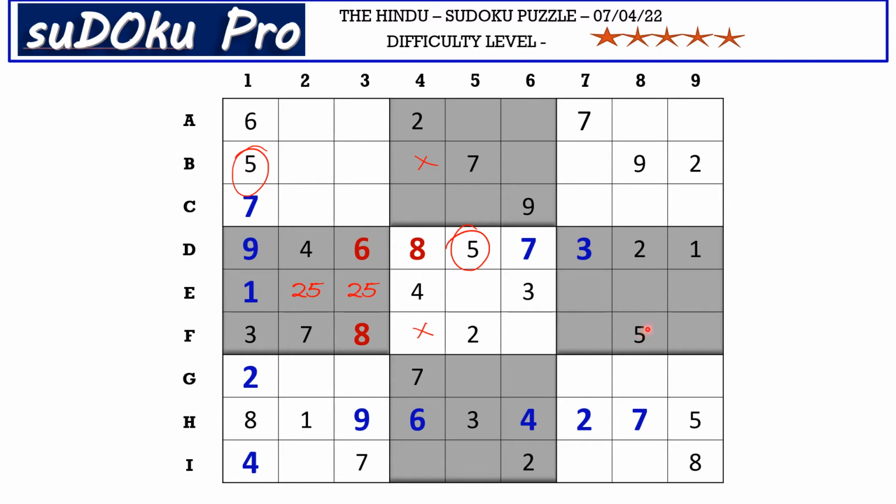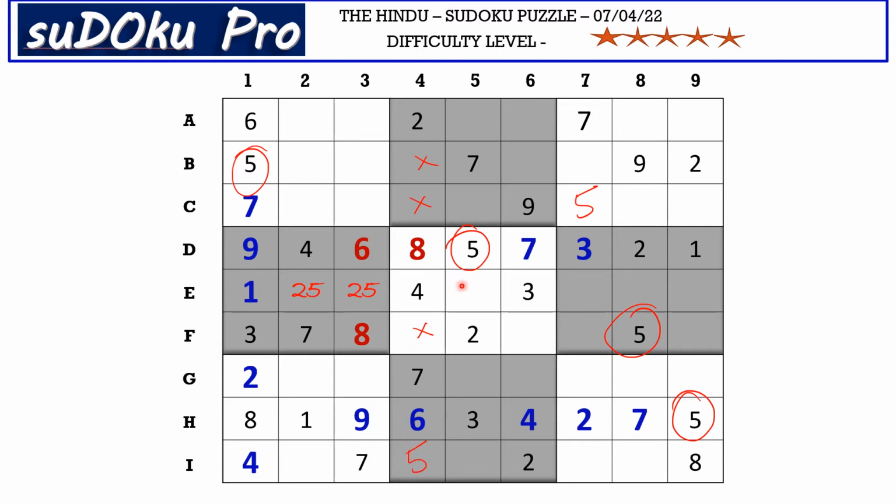So I found that there is a 5 here in 8 and 9 which blocks these two cells. So 5 has to be in one of these cells, but there is a 5 here. So there should be a 5 here. That means this cell is also locked by 5. So 5 goes here in I4.